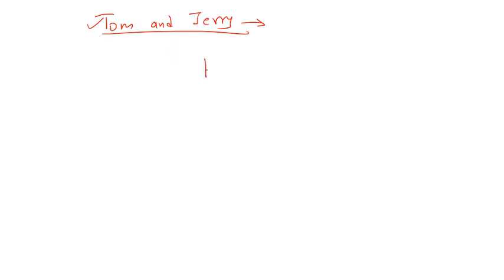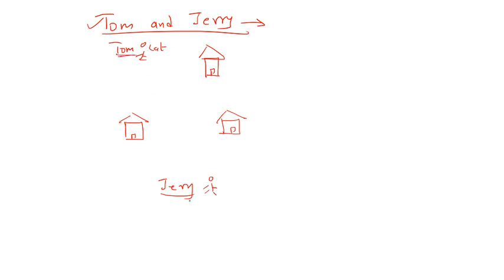Now suppose I have this house, and here there is another house. Imagine here there is another house. Here we have Tom, the cat, and here you have Jerry, who is always troubling Tom. Now Tom wants to catch Jerry. He has to enter through this house only.